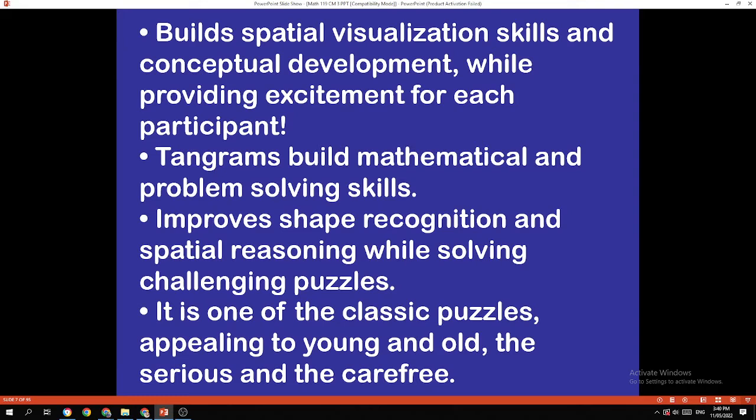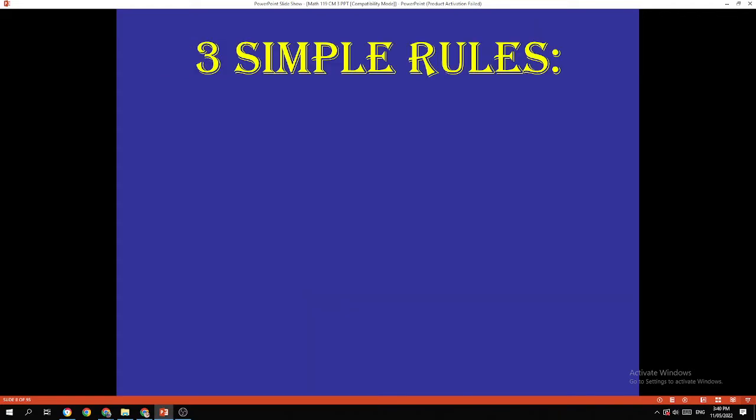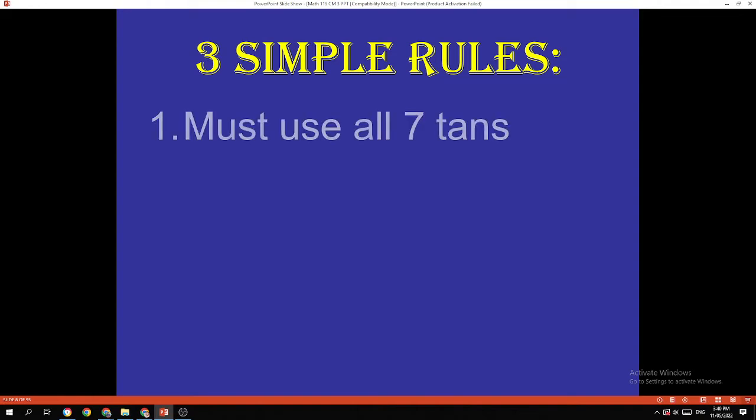It is one of the classic puzzles appealing to young and old, the serious and also the carefree. Okay, these are the 3 simple rules for tangrams. You must use all 7 tans. Those 7 shapes, the shapes of your tangrams, you call them tans.